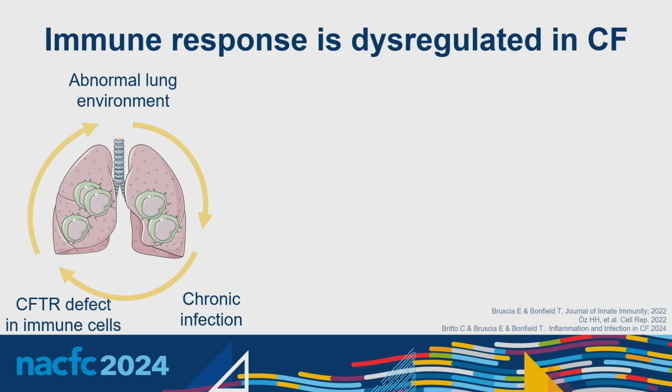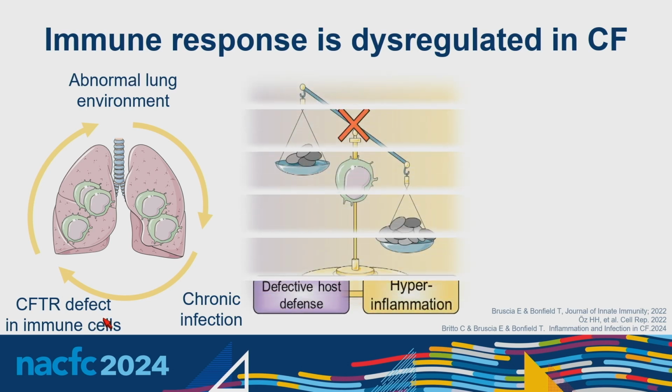And this creates an environment favoring chronic infections, resulting in chronic airway inflammation, which is characterized by excessive neutrophilic infiltration and excessive cytokine production, with contribution of the impaired immune response as a result of intrinsic CFTR defect in immune cells. This becomes a vicious cycle in CF lungs and sets a hyperinflammatory state and progresses into CF lung damage.